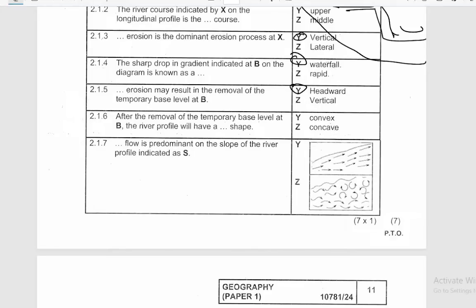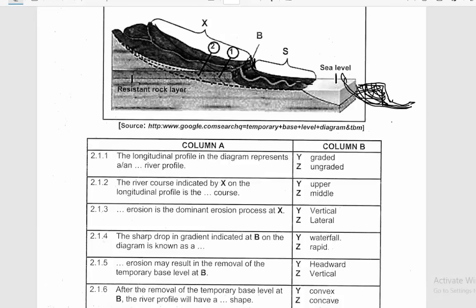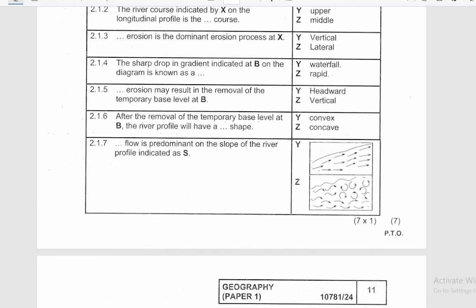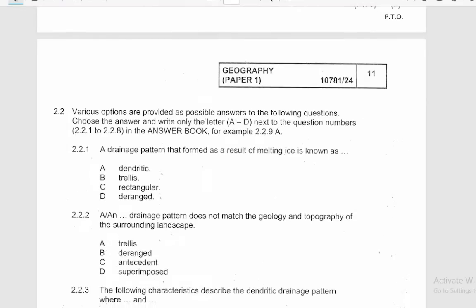The turbulence is mainly realized in the upper course because of the dominance of vertical erosion, which makes the surface uneven, and as a result, the water plunges up and down as it flows through the channel. Right, move on to the next question.